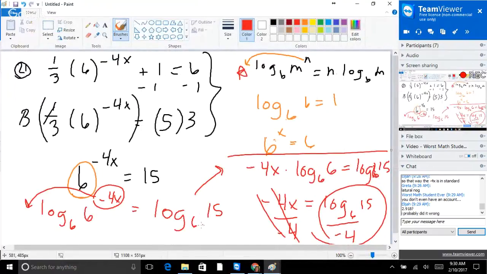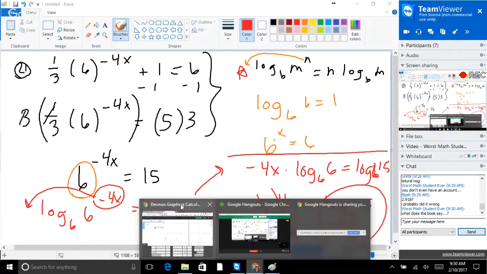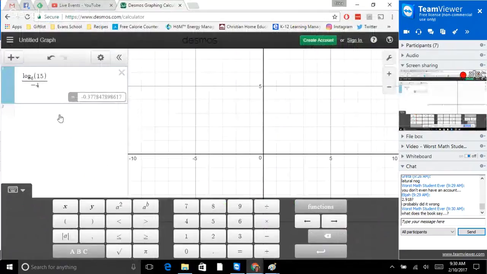Log base 6 of 15 divided by negative 4. I think that's right. All right, so how can we check? What does the book say? About negative 0.378. Is that what I had? Oh, yeah, that's what we got.